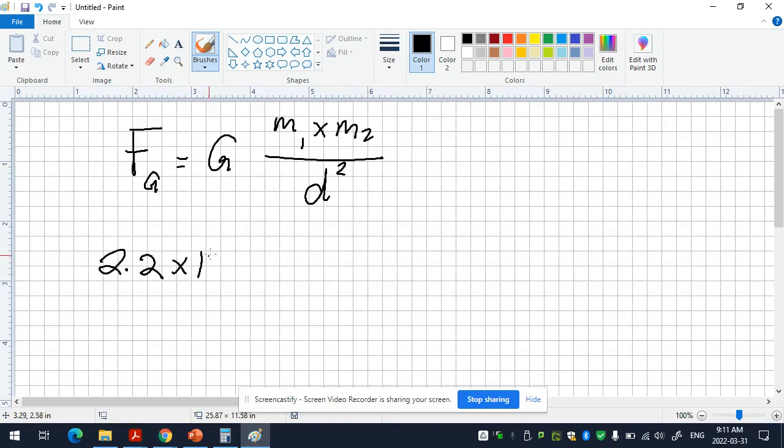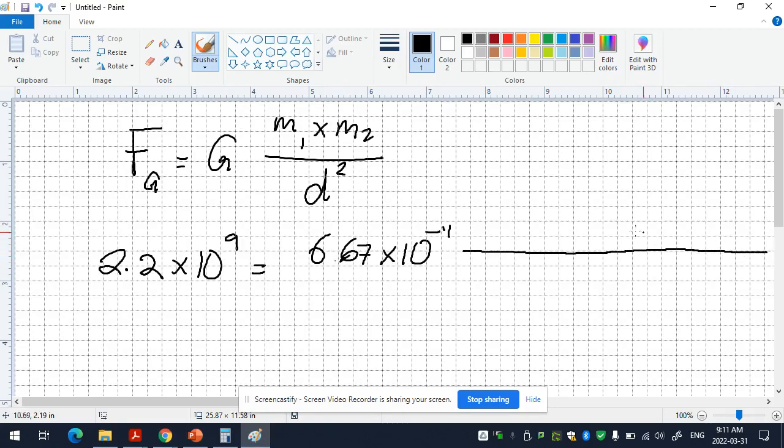All right, 2.2 times 10 to the 9 equals 6.67 times 10 to the negative 11 times. What's the mass of the first asteroid or second? Doesn't matter. So one of them is 10 to the 20, and the other also 10 to the 20?